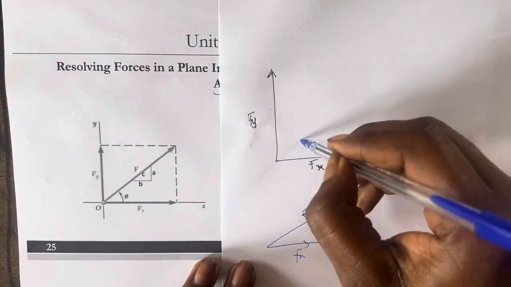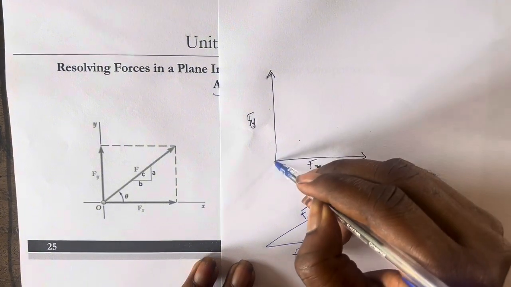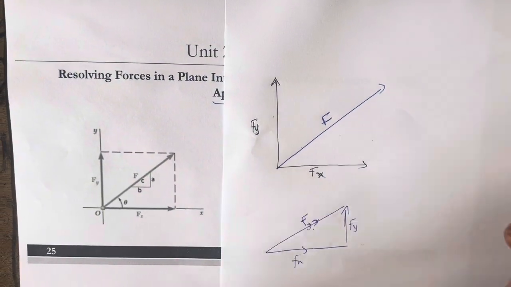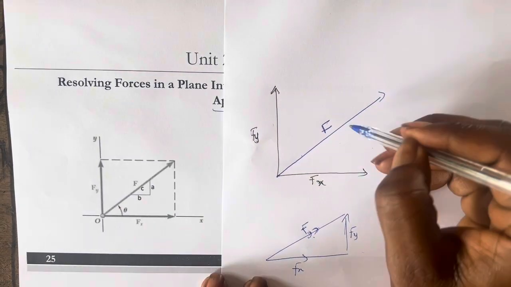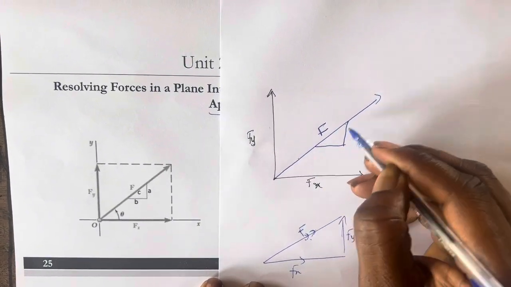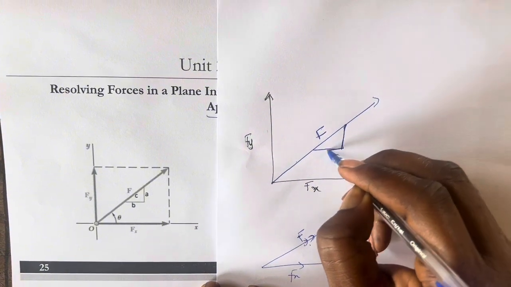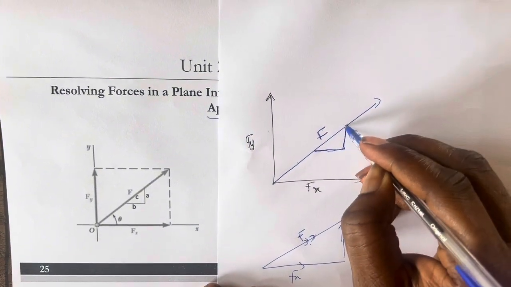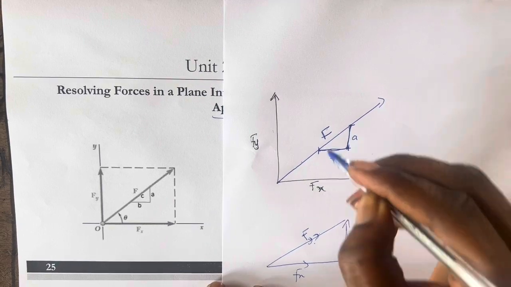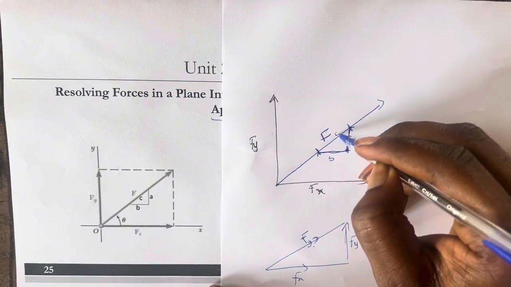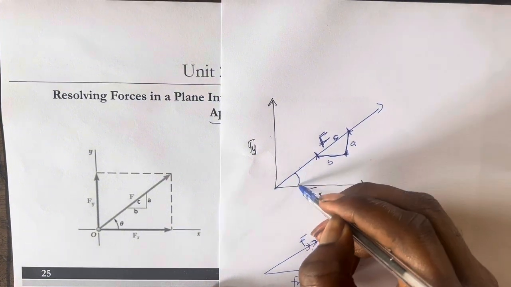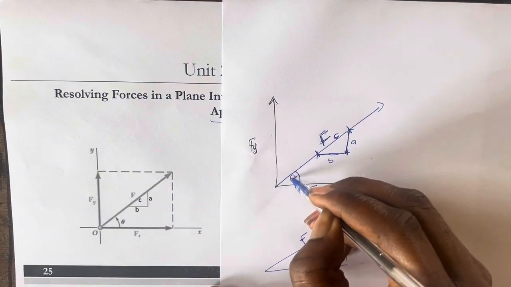So now, with this same diagram, let's draw the resultant force F over here. Now, this resultant force F is inclined. So we can look at the slope of the resultant force F. Let's consider the length from here to here as A, from here to here as B, and from here to here as C.